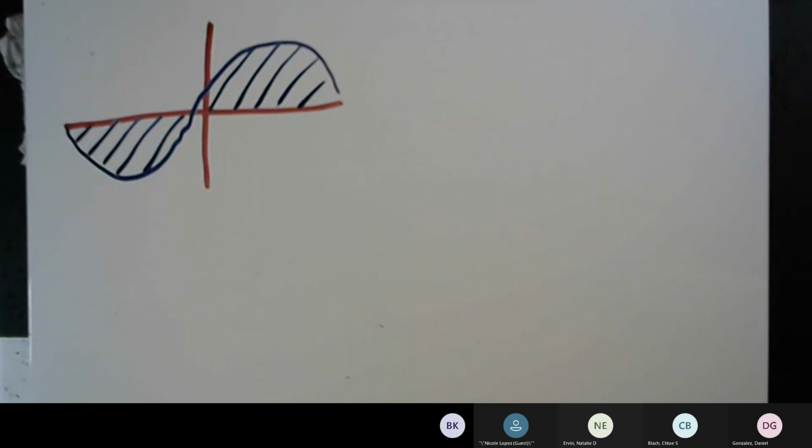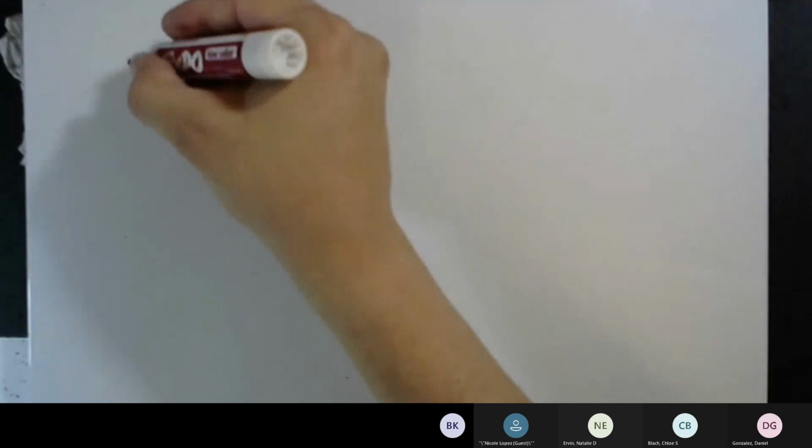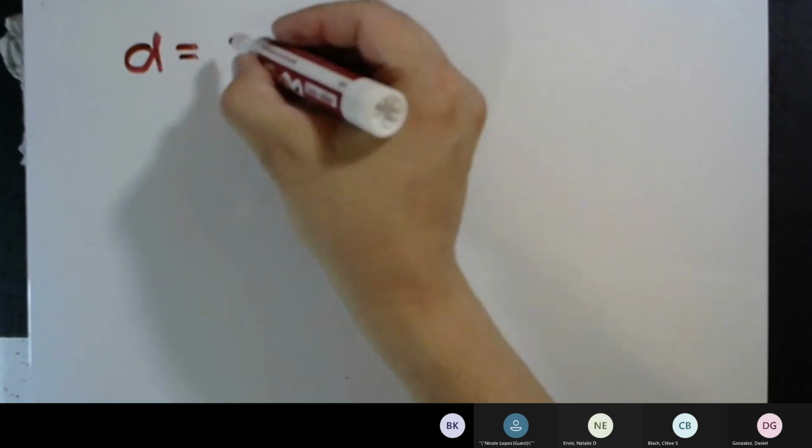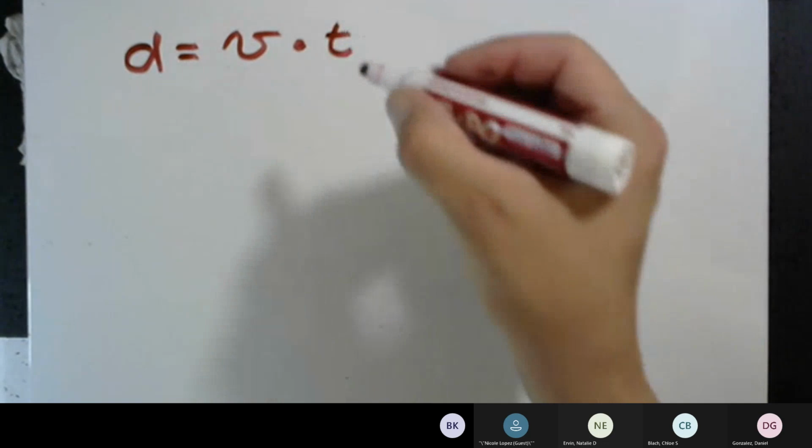Now, the other thing they mention in the text is displacement, where if you take a velocity curve, and it works like this. Distance traveled is velocity times time.